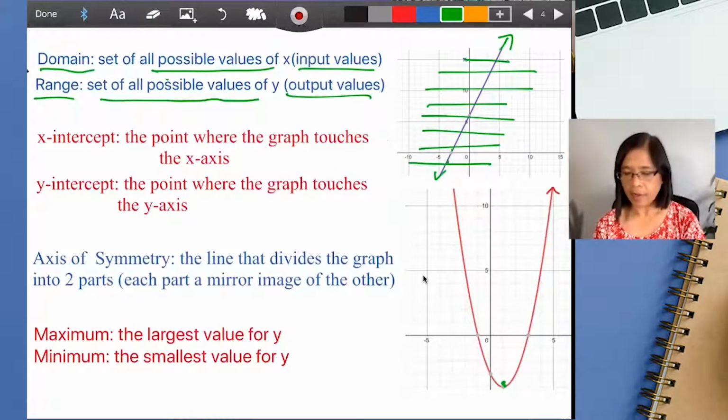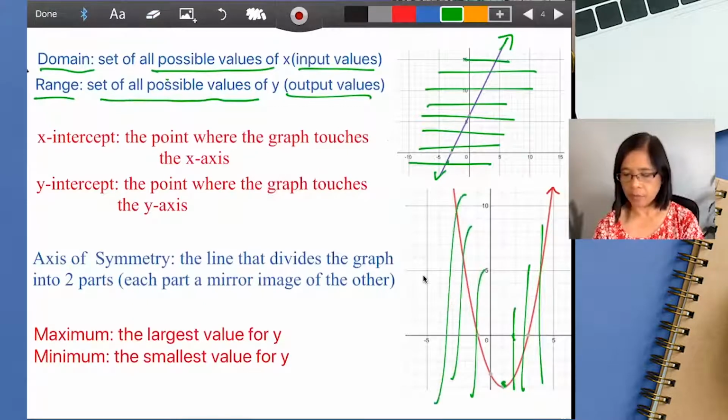In the second graph, if we look at the domain, what are the x values? If we extend this in both directions, what are those x values? That would represent the domain.